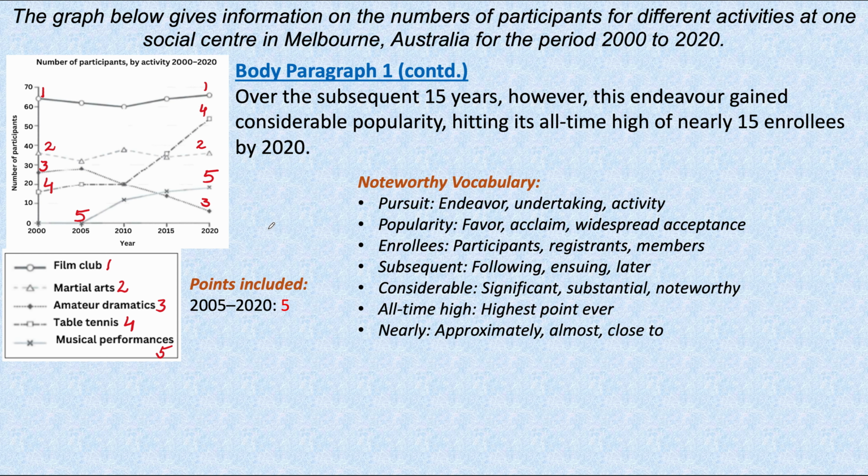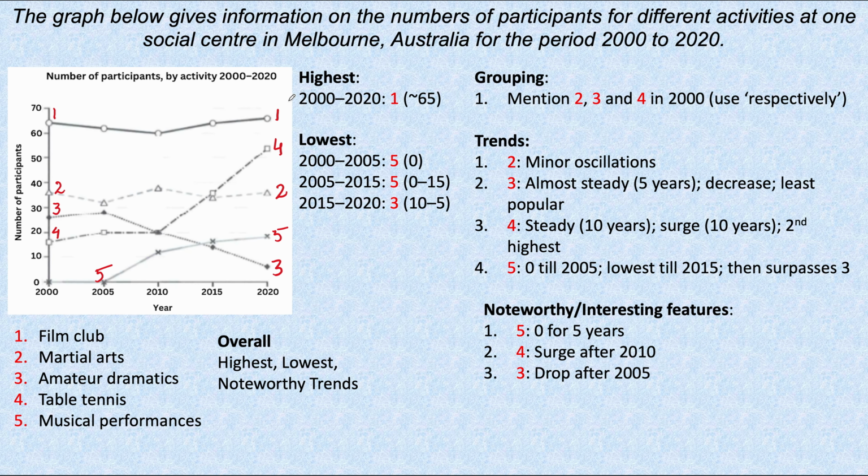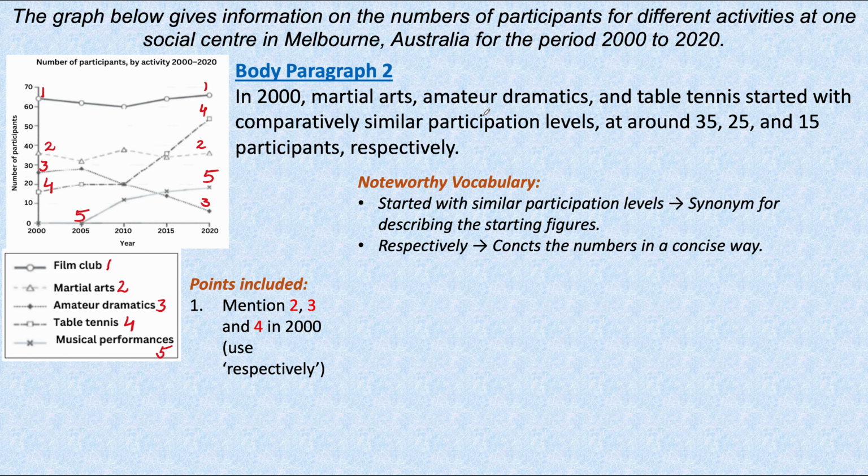Over the subsequent 15 years, however, this endeavor gained considerable popularity, hitting its all time high of nearly 15 enrollees by 2020. Now that we have mentioned the highest and the lowest categories, we'll start with writing about the rest of the categories using the word respectively.